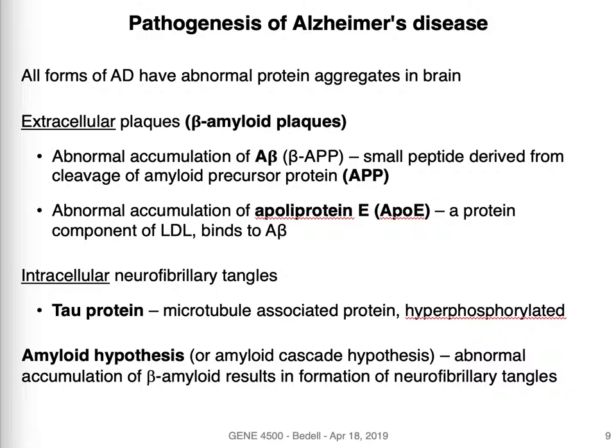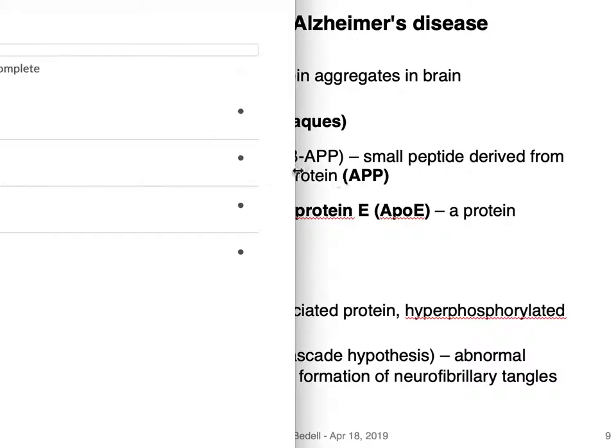We'll see that the APP precursor protein gets processed by a couple of different enzymes. Normally the A-beta form is not produced at high levels, but it is for a number of different reasons. That A-beta is then picked up by ApoE and delivered normally to other cells.